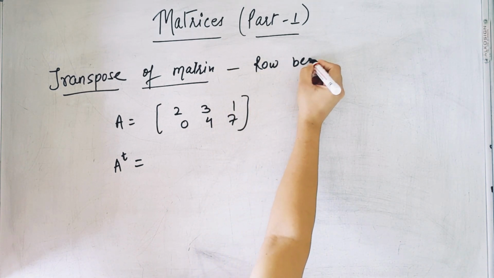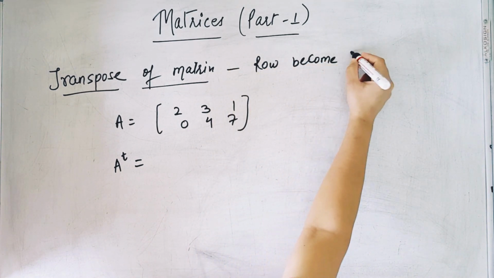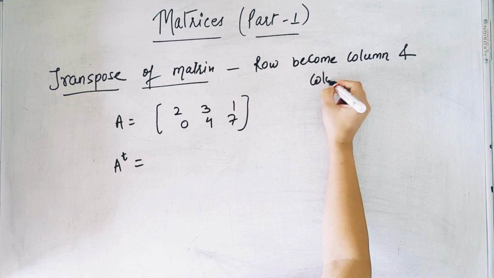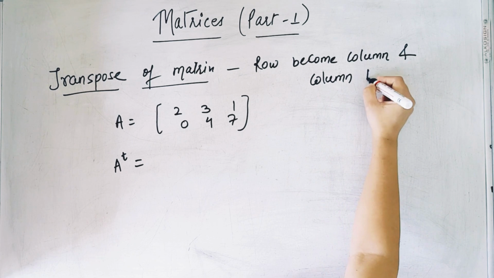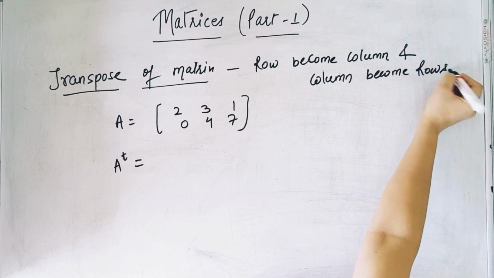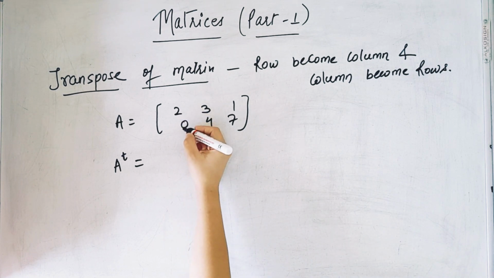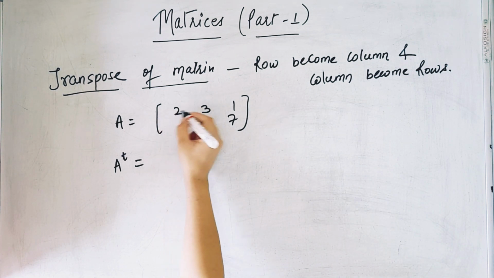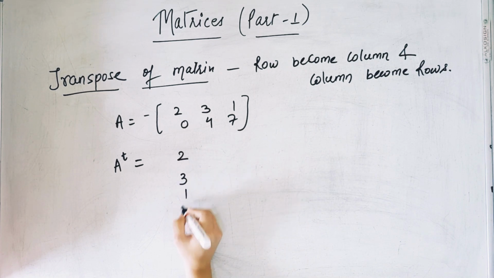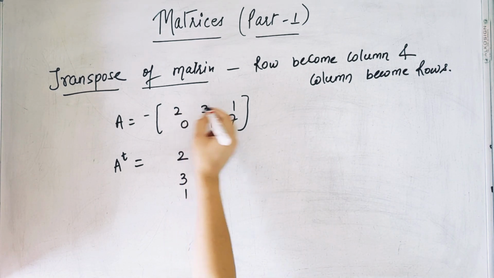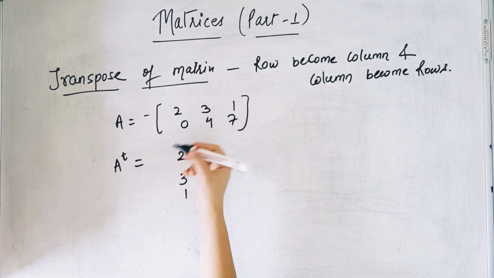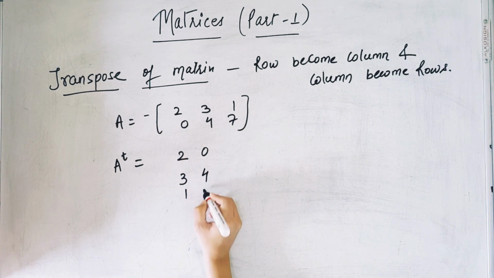Rows become columns, and columns become rows. So 2 3 1, this is a row, so this will become a column. And 0 4 7, this is the second row, so this will become the second column.